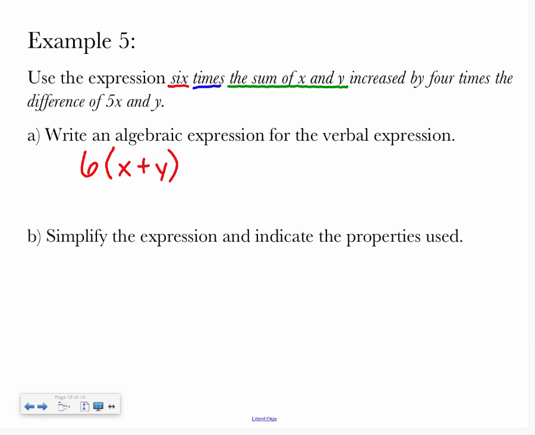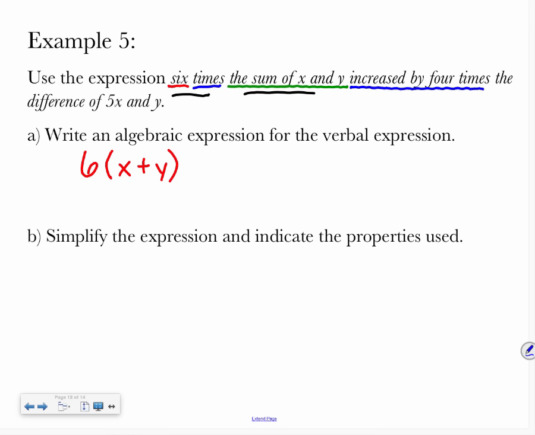Okay? So let's go back. Let's double check, does this match? 6 times, okay, so I'm multiplying by 6, the sum of x and y. And I'm adding x and y. Looks good so far. Let's keep going. And let's take a look. We have the second part, which is increased by 4 times.